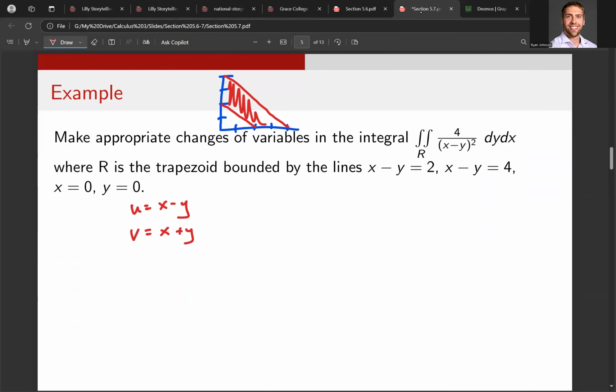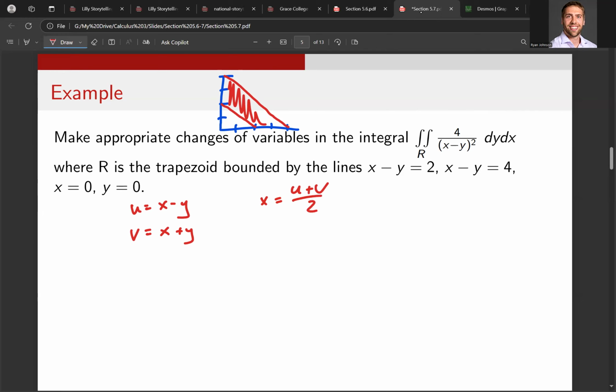How could I solve for x? If I add those two equations together, what would I get? 2x would equal u plus v. So then x equals u plus v over 2.